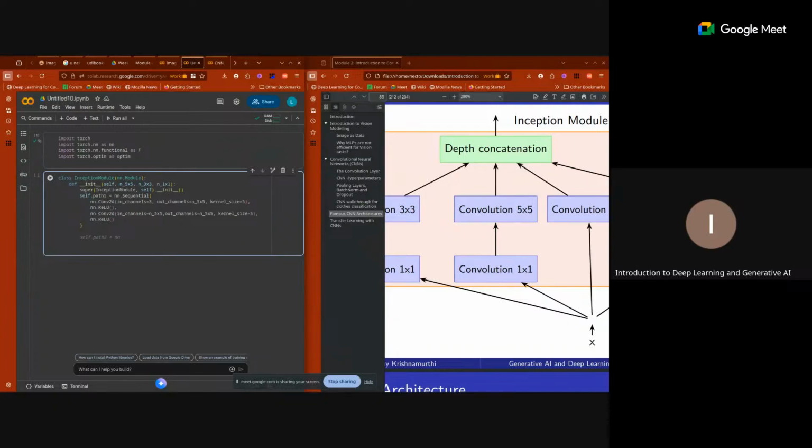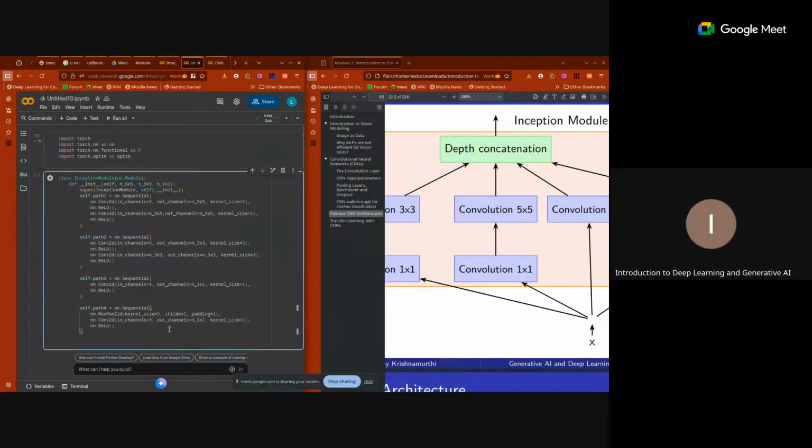Then part 2 is also sequential, and here we can use the same thing. Part 3 will have just this one, so only this and ReLU. Then part 4 will have max pooling also.